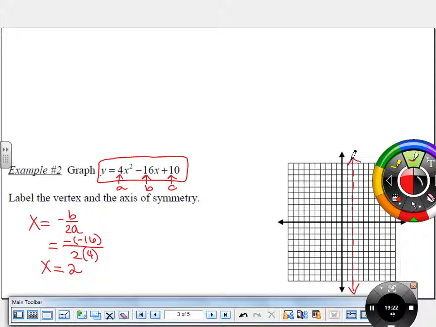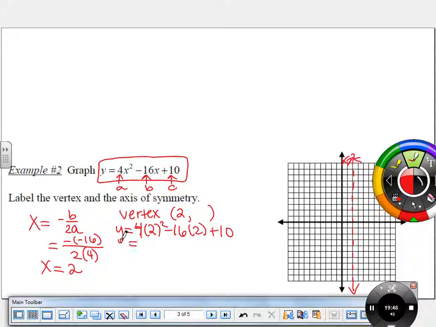So I expect this axis of symmetry on my graph, x equals 2. That also means that the vertex of my graph has to be on that line, which means the x-coordinate is 2 and I need to establish the y-coordinate. So I'm going to take that value of 2 and plug it into my equation to see what I would get as a y-coordinate.